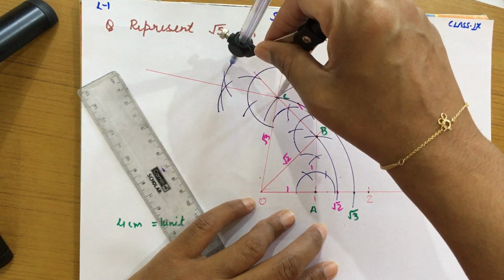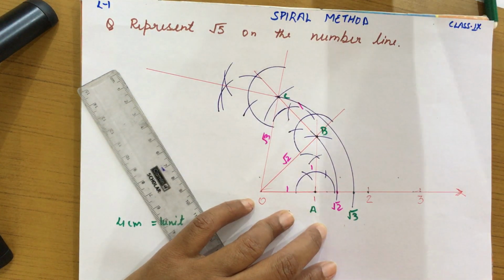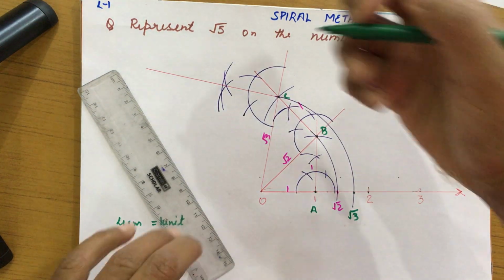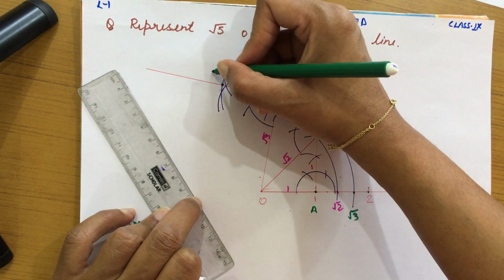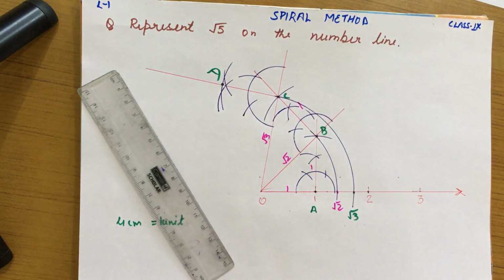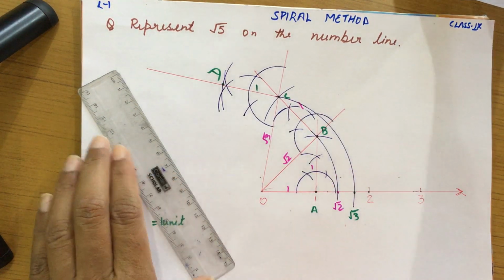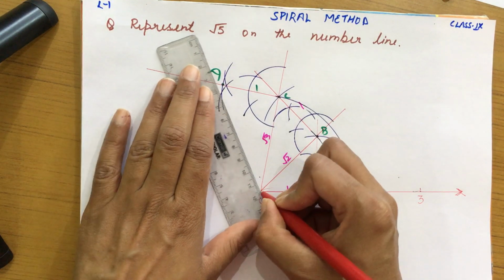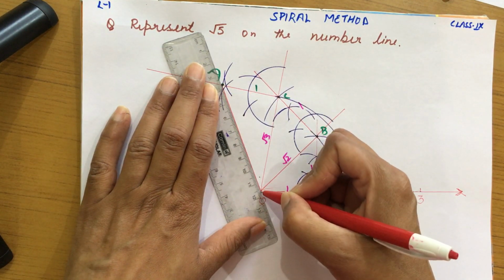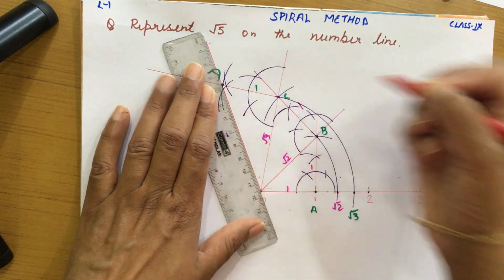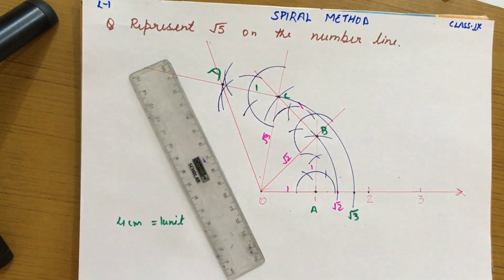From where, if you are joining from here, then this is my 4 centimeter and I am marking this as D. And this is my 1 unit, you have to remember. Again, join with 0, and you have to extend a little bit.